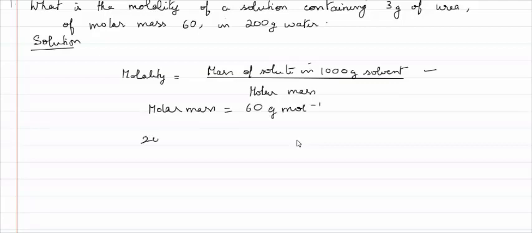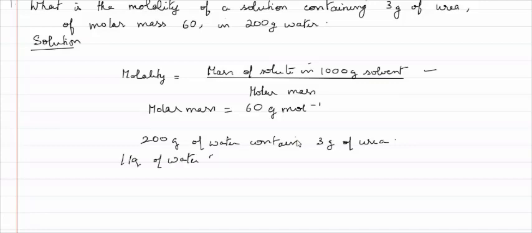Now 200 grams of water contain 3 grams of urea. Therefore 1 kg of water, which is 1000 grams, contains 3 divided by 200 into 1000 grams of urea.